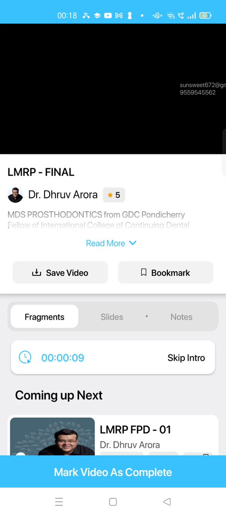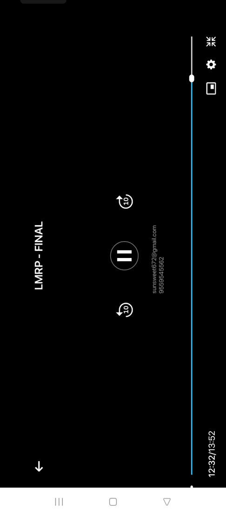removable partial denture. What is meant by heel raising movement?